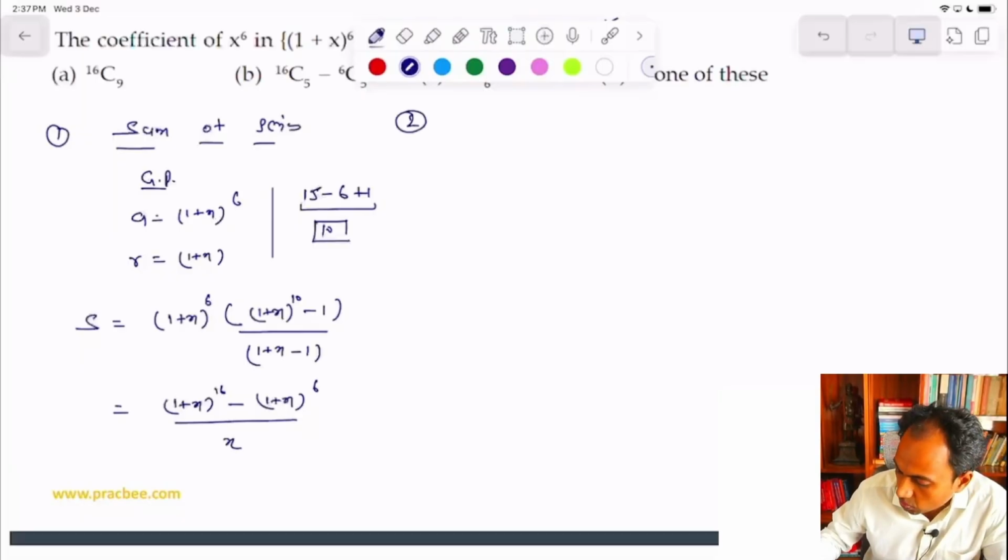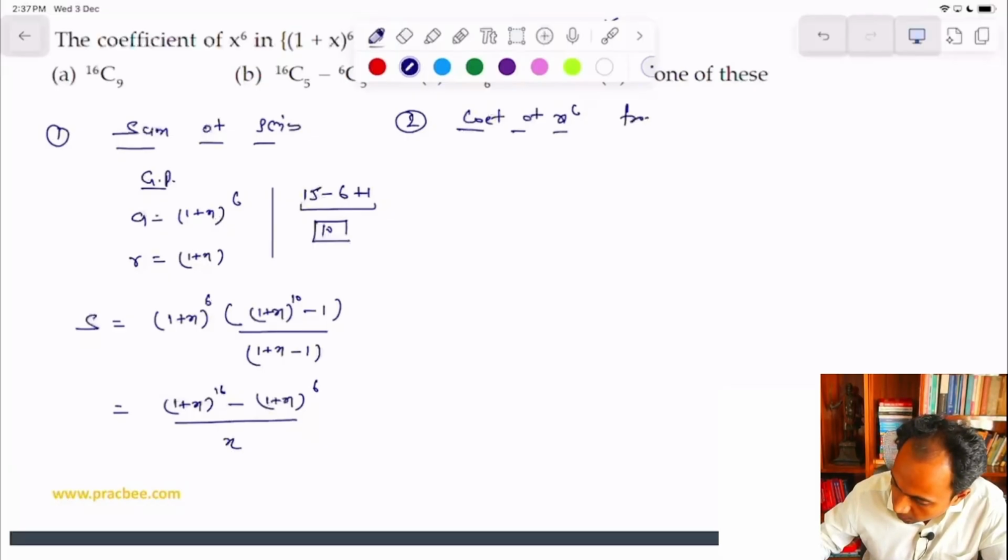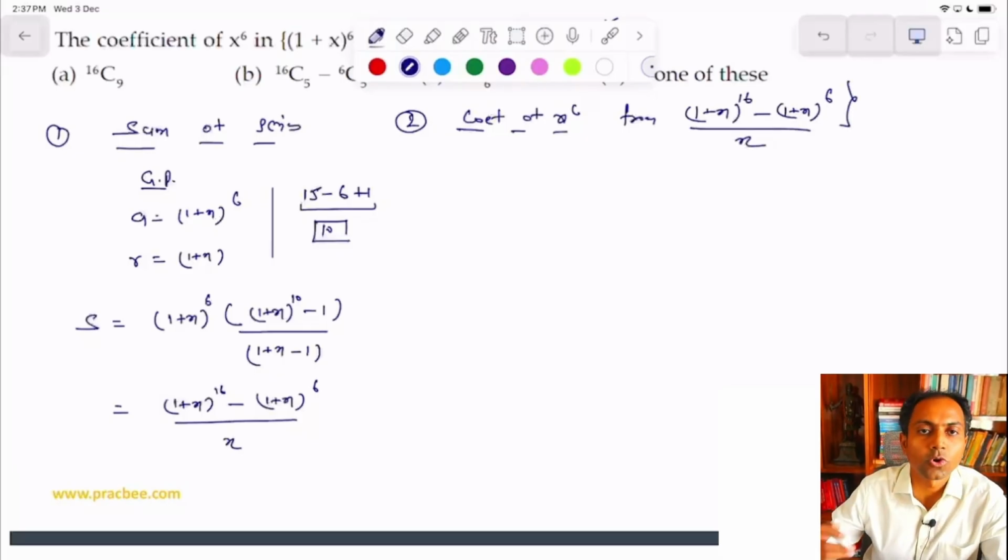In my step 2, if I want the coefficient of x raised to the power 6 from this whole term, from (1 plus x)^16 minus (1 plus x)^6 by x, the numerator part should contribute one more power of x.